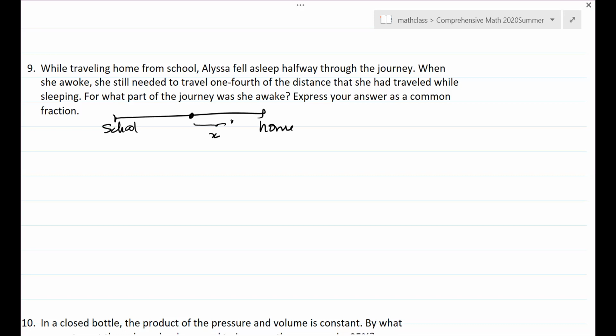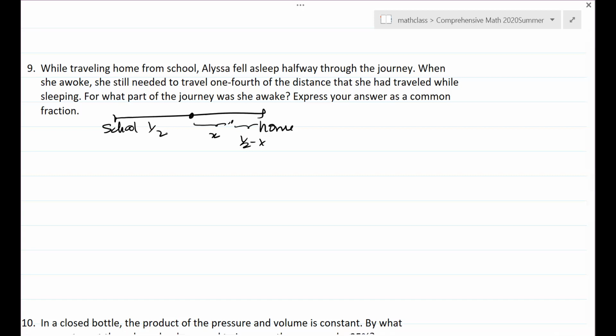So let X denote that part. Our question is what part of the journey she was awake. If we can figure out the X, then the remaining will be 1/2 minus X. So first of all, let's find the X.